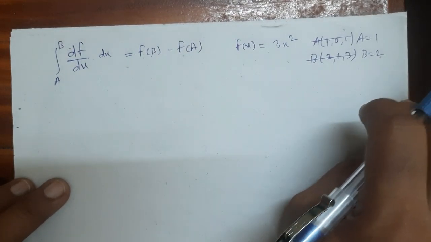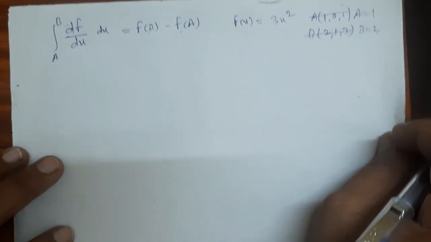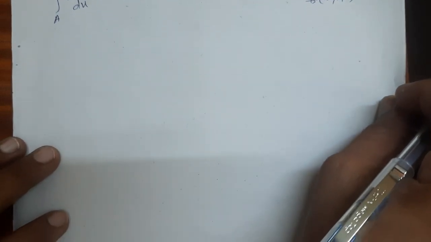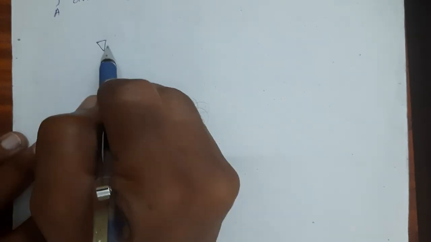If I extend the same thing to 3 dimensions, then instead of the derivative I will have to consider the 3-dimensional derivative, that means with respect to x, with respect to y and with respect to z, and that is nothing but the gradient of the function.